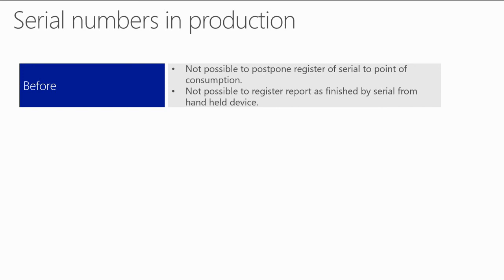So a cross-reference between the finished good serial and the raw material serial is not something we have, something we hear about and would like to build. The first step here is the postponed registration of serial at the point of consumption. So that was the material part.